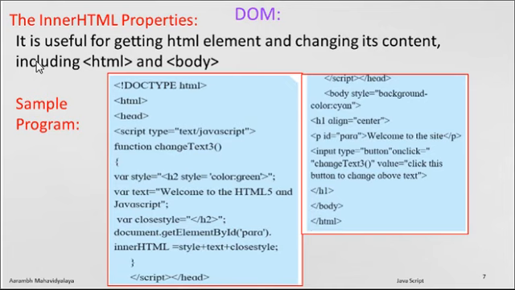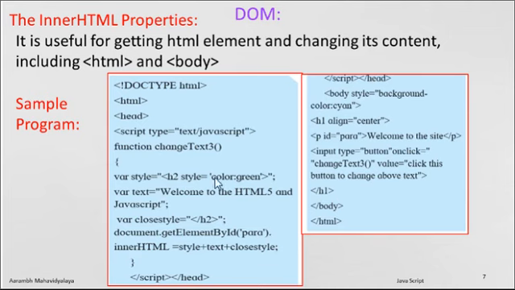Okay, it is useful for getting an HTML element and changing its content, including HTML and body. That means you have to capture the contents of the HTML and change it. And for that, naturally you require HTML and body tags.